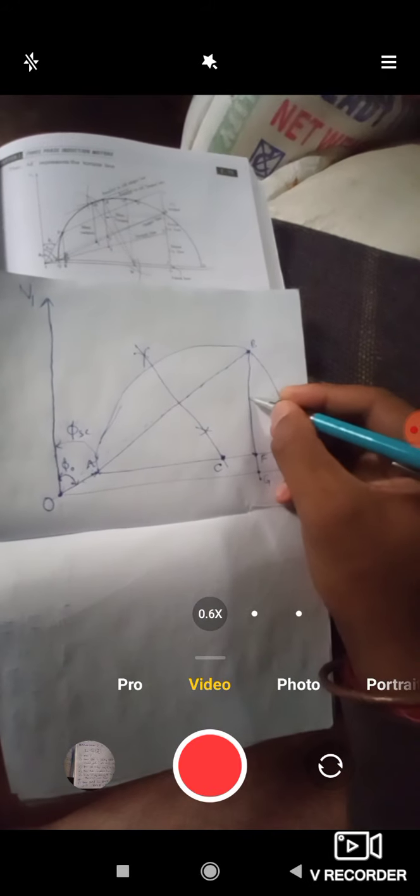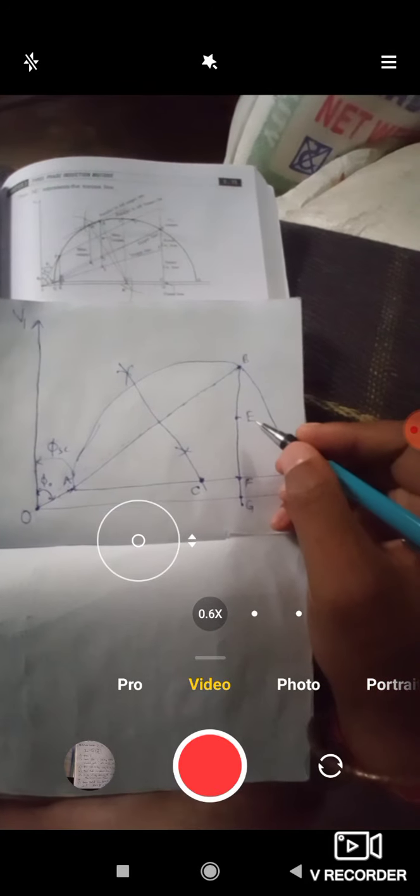It will cut the no load line at F and the base line at G, and we have to divide this line BF into two parts such that BE is equal to the rotor copper loss and EF equal to the stator copper loss.